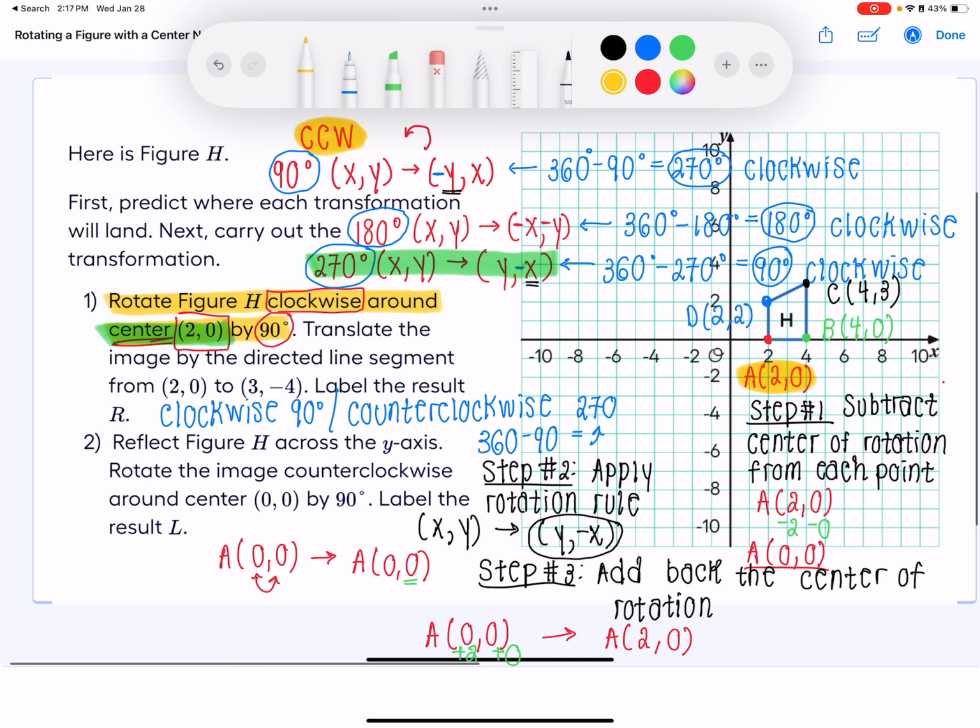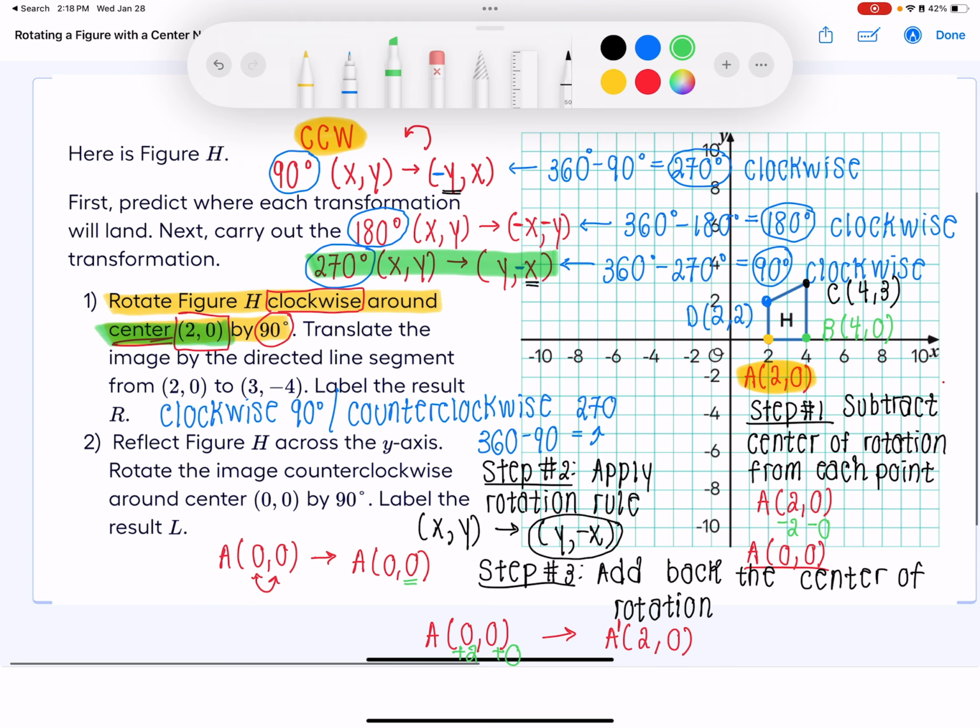Oh, so I'm going to go here and then mark my new point, A. I should really write A prime, because that's after a transformation happened, which is our rotation here. And it happened to be at the same exact location as A.